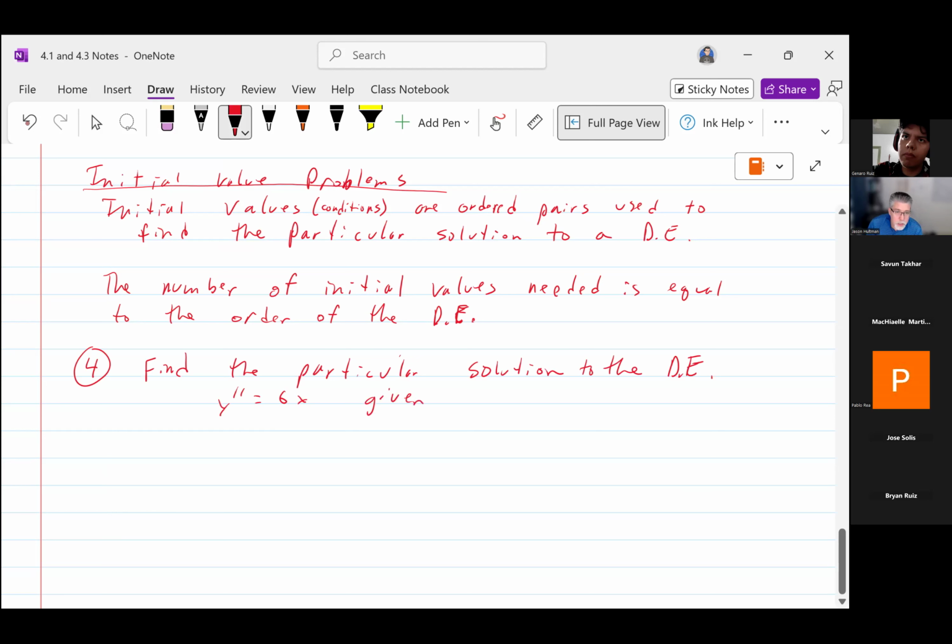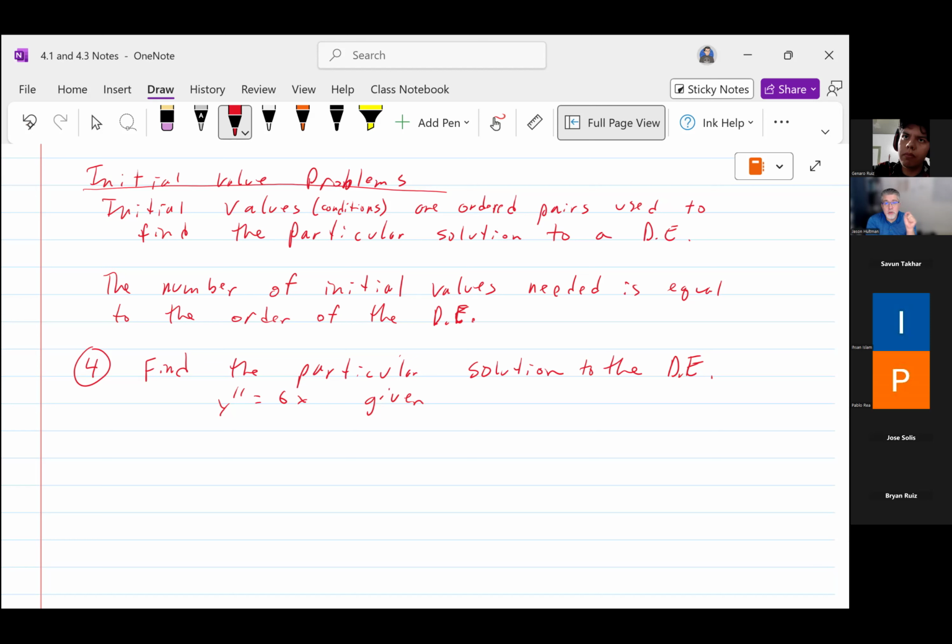Given, and here, how many initial values, initial conditions do I need to solve this? 2, yeah, very good. Because it's a second order, I need 2 initial conditions.